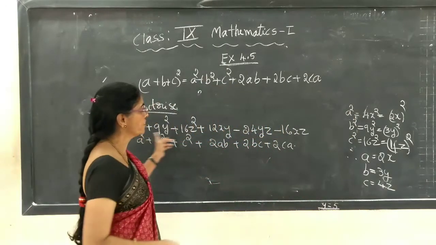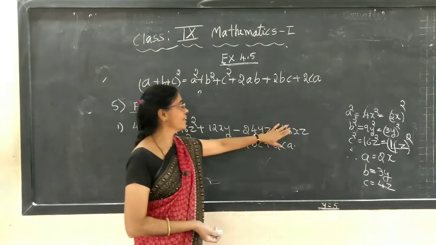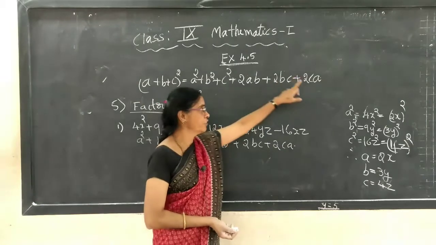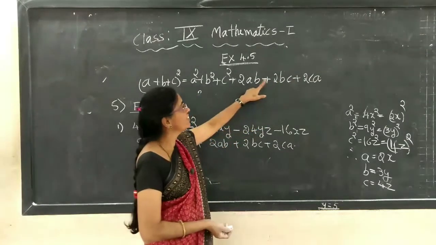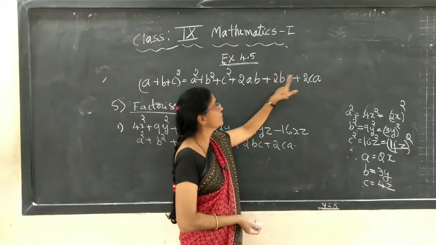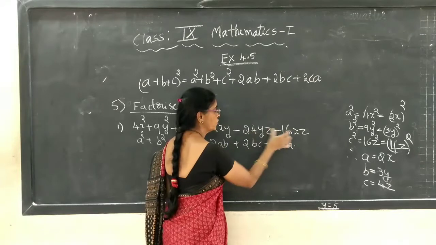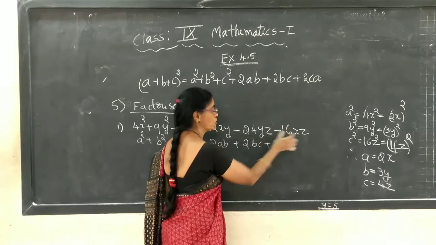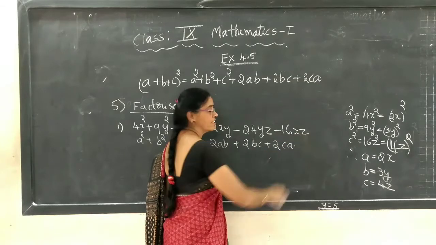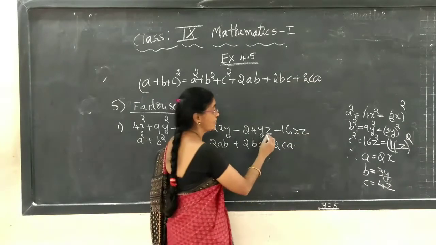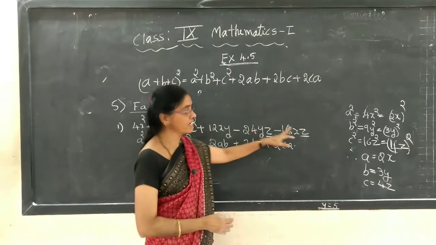Here, if you observe the question, in the second term and third term, 2bc and 2ca, minus numbers are there. Which variable is common in both these terms? It is yz, it is xz. Z is common, so z should be negative.